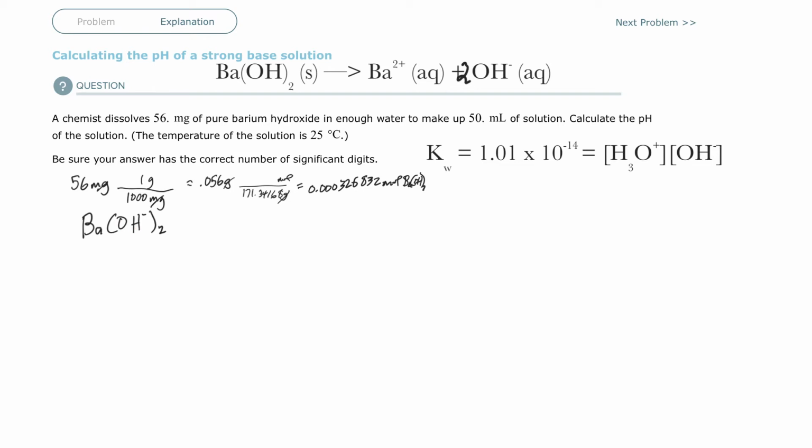I'm going to have 2 for every 1. Whatever this number is, I'm going to have to double, and that'll be the number of moles of the hydroxide. So take that number, multiply it by 2, and you're going to get 0.0006536665 moles of hydroxide ion.